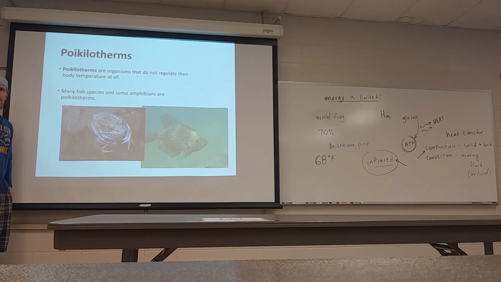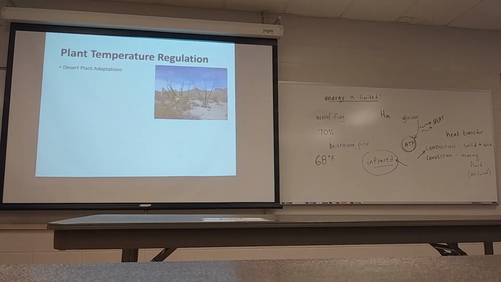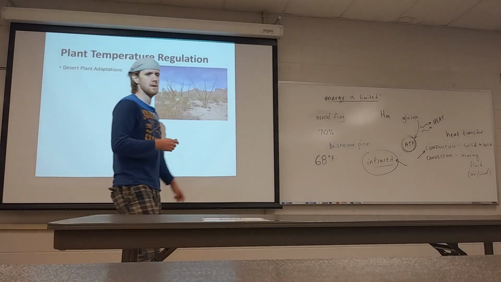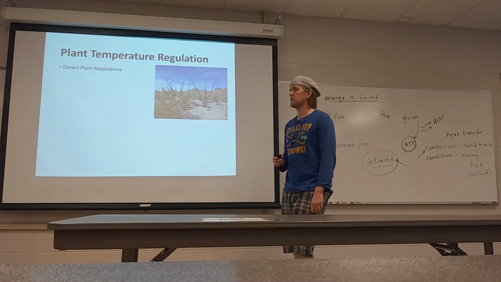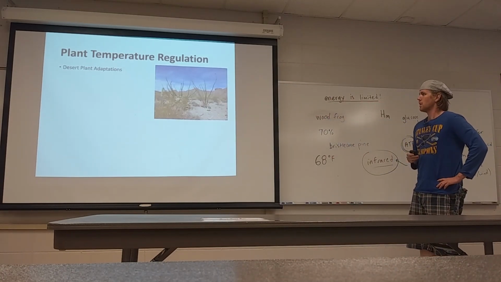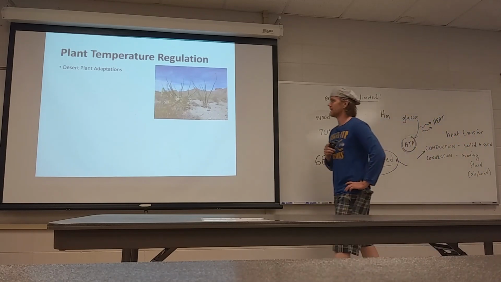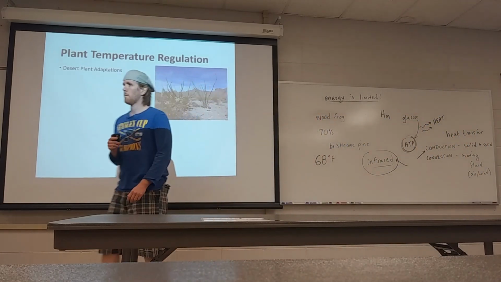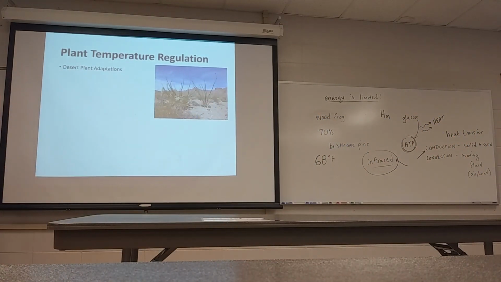This is all great for animals, but what about plants? So plants don't move, but that doesn't mean that natural selection hasn't shaped them in a way that fits the environment they live in. We're going to look at two extremes. We're going to look at desert plants and tundra plants. Let's start with desert ones. So this is a hot, dry environment. If you're a plant, what can you do to maximize?